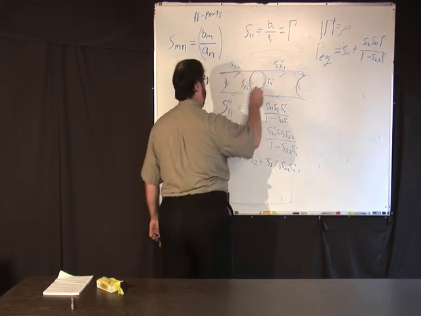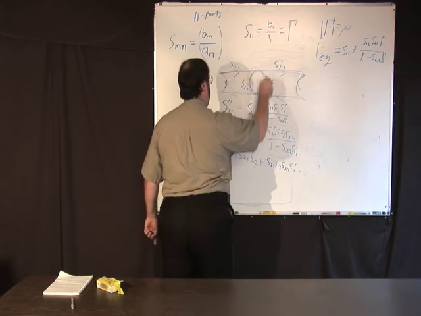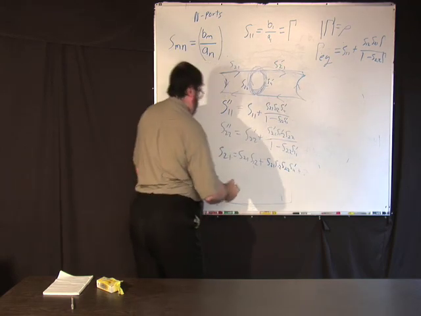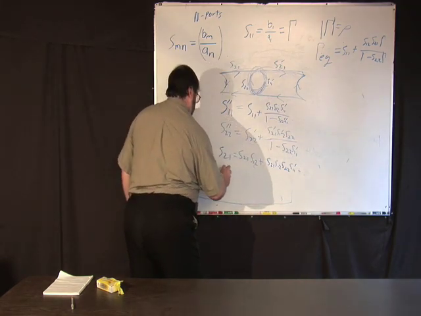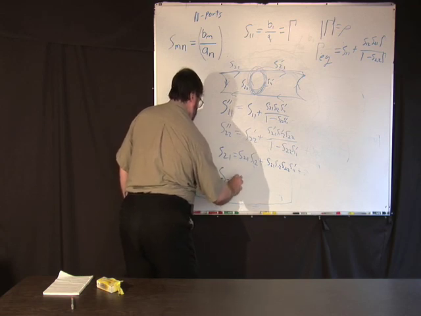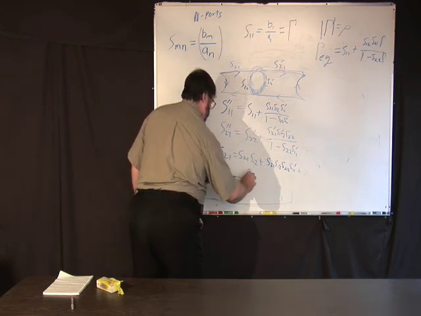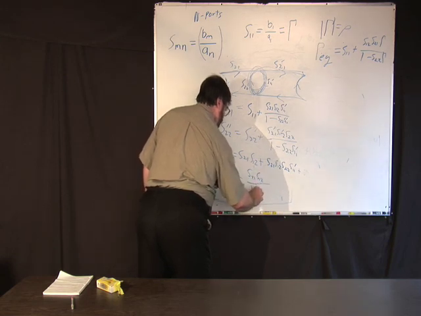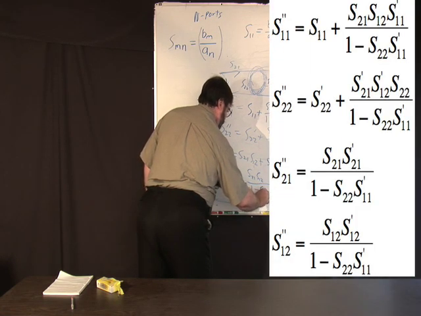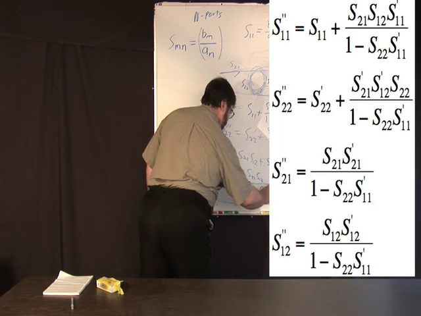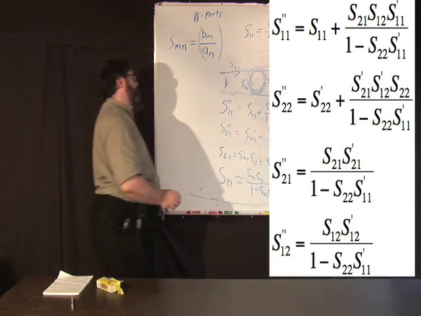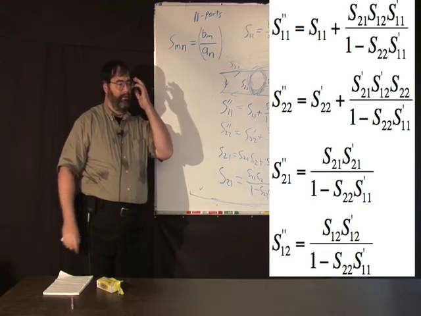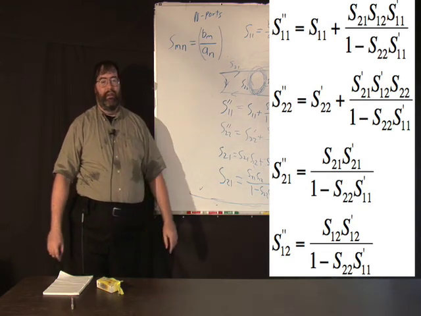You've got this path through the device, and then you have this path through the device, and all those paths through the device. You can again sum this, and we get S21 equals S21, S12 over 1 minus S22, S11 prime. So now you know basically what the S parameters of two things cascaded together are.